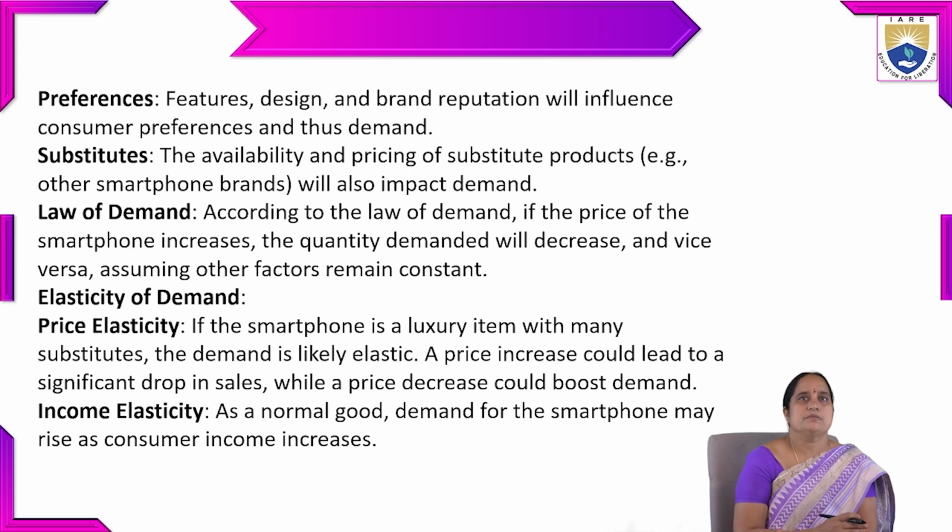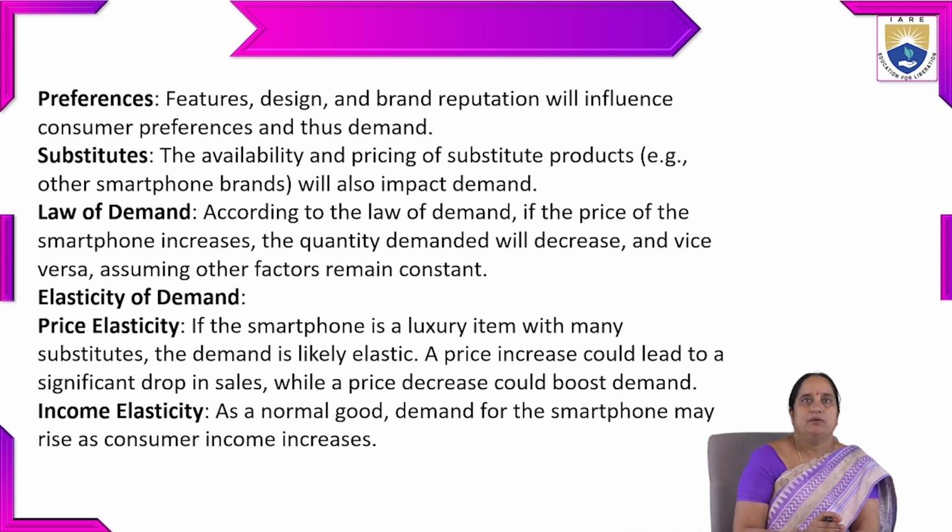Coming to the preferences, features, design, and brand reputation will influence consumer preferences and thus demand. Substitutes. The availability and pricing of substitute products, for example other smartphone brands, will also impact demand.